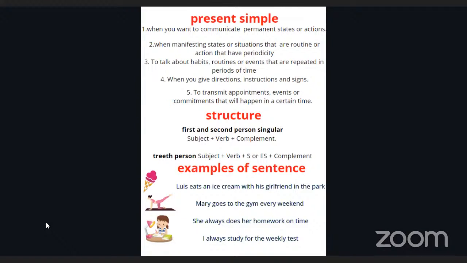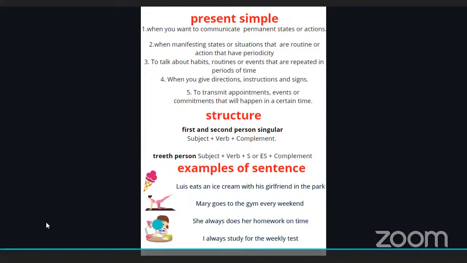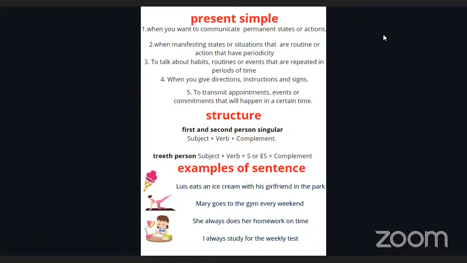Okay, some examples for present simple. Luis eats an ice cream with his girlfriend in the park. And Mary goes to the gym every weekend. She always does her homework on time. And I always study for the weekly test. In this case, the first example describes an action that happens right now.